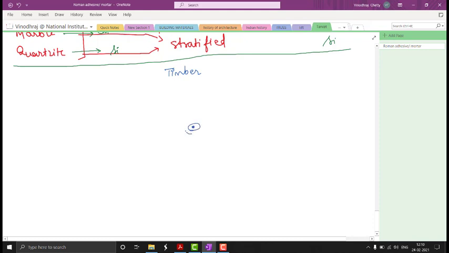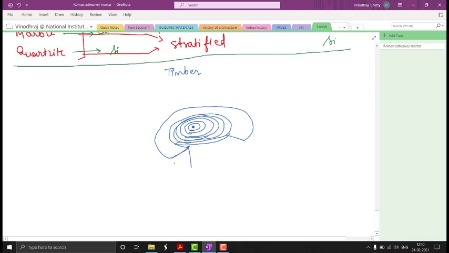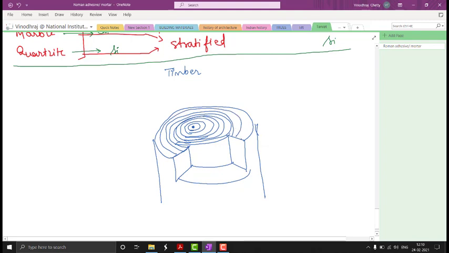I'm just drawing the diagram first. There are rings present over here.